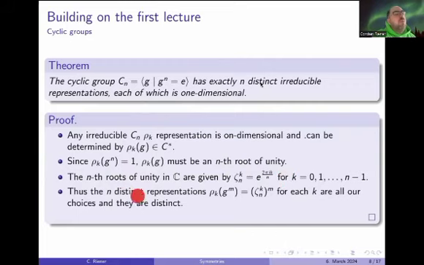The nth roots of unity are all distinct. And basically, defining a representation by assigning G to the m to the m-th power of a k-th root of unity gives me all possible irreducible representations.